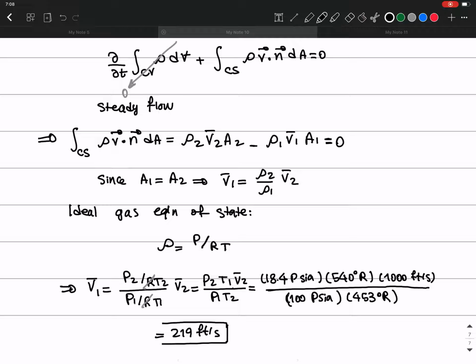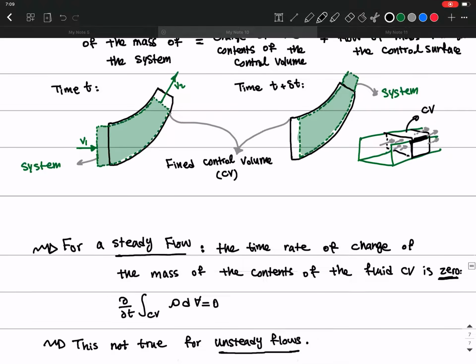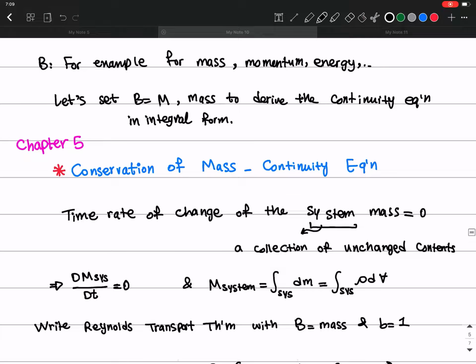So this is how we could use the continuity equation to solve this kind of problem. So let me now just briefly review what we learned today. In the next lecture, instead of here where we used B equals M, so we set small b to 1, I'm going to set b to V instead of 1.